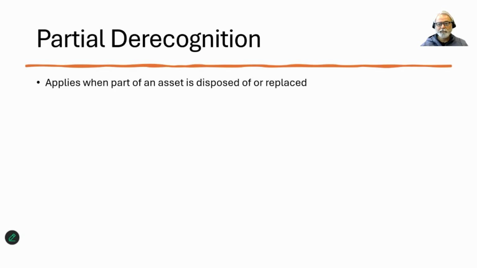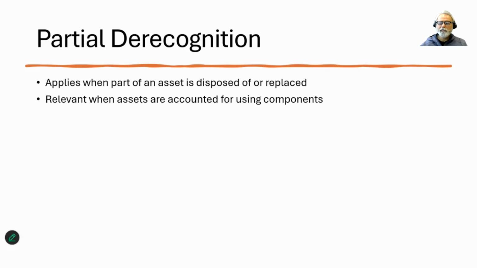So let's say if the company is replacing the engine, because the engines are sizable components, at the event of replacement of the engine, the old engine gets derecognized and the cost of the new engine will get capitalized, right? So the assets that are accounted for using components approach will result in partial derecognition.